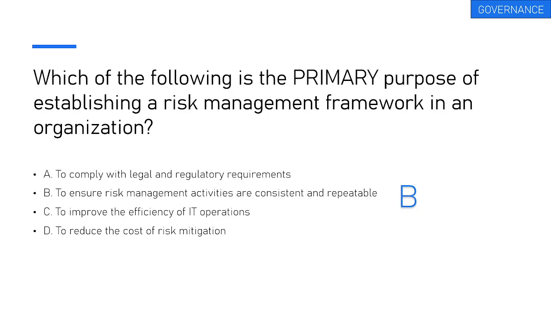Now, the next one is C, which is to improve the efficiency of IT operations. There is a benefit to improving IT operations, but at the same time, it's not a direct benefit, it's an indirect benefit. So when you're trying to establish the risk management framework, I do not believe the efficiency of IT operations is the primary purpose, right? Now, the last one is about the reduction of the cost of risk mitigation.